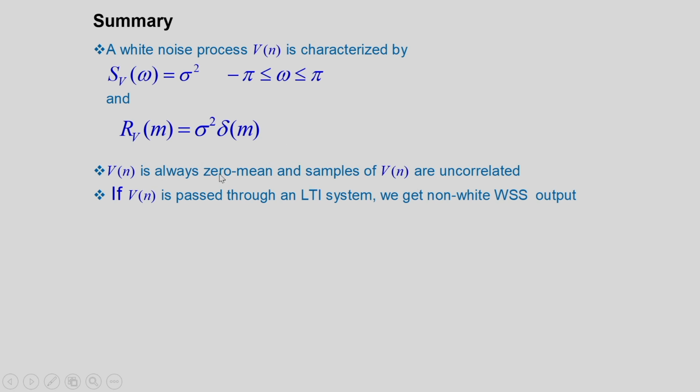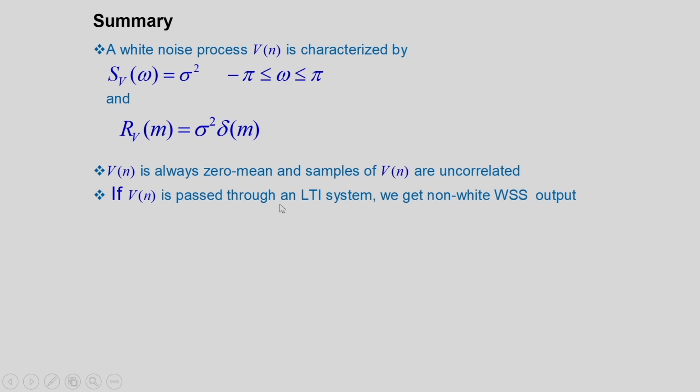Vn is always 0 mean because of its flat power spectrum. Therefore, we can replace Rv(m) by Cv(m), and that covariance will be 0 for m not equal to 0, so samples of Vn are uncorrelated.